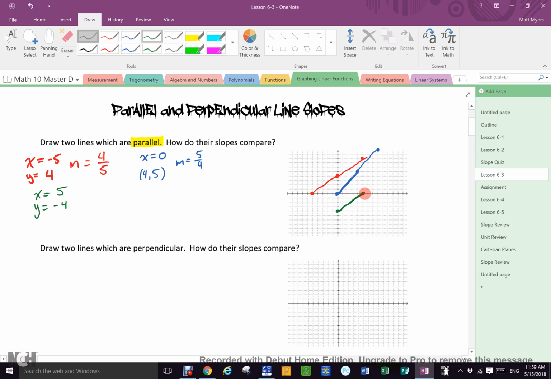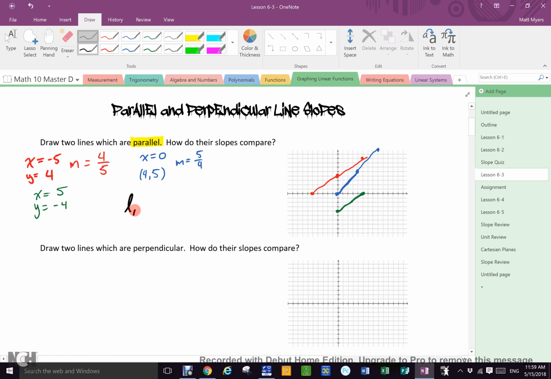What is guaranteed to happen with the green and the blue line somewhere way down here? They'll touch. What is guaranteed to happen with the green and the red line? They will never touch. Because they're not touching now, and the next point for both of them is up 4 over 5. Does everybody understand? So, what does that tell us?